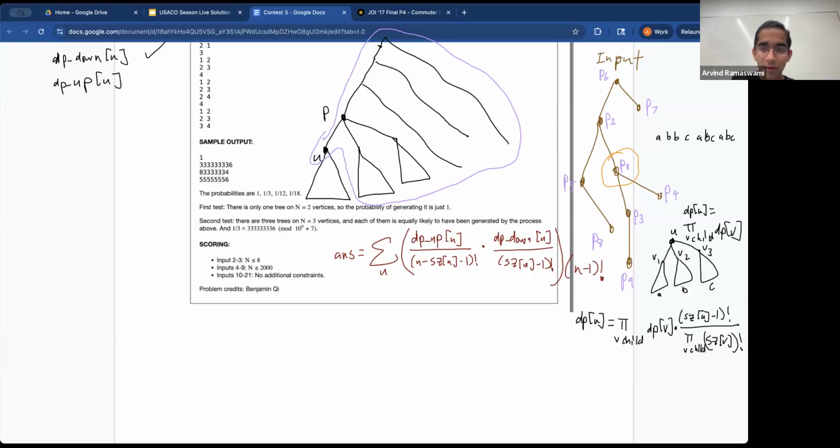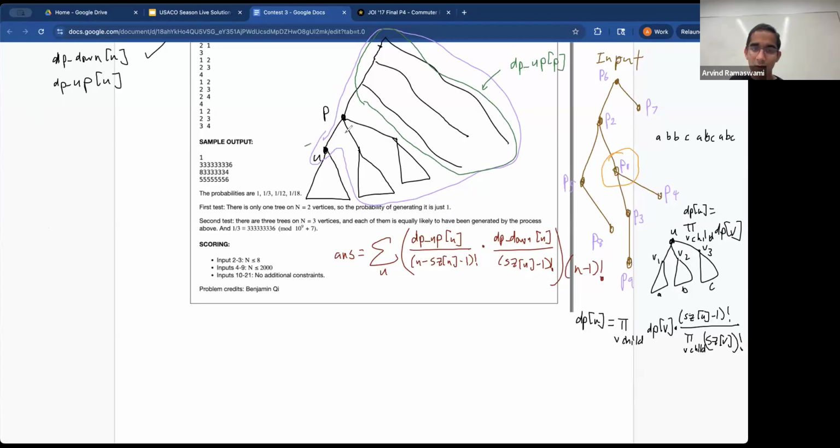So now let's talk about how to calculate dp up. We want to calculate dp for this, right? And then dp up of p is basically this green region over here, so I'll label this as dp up of p. And then there are also these subtrees we care about.